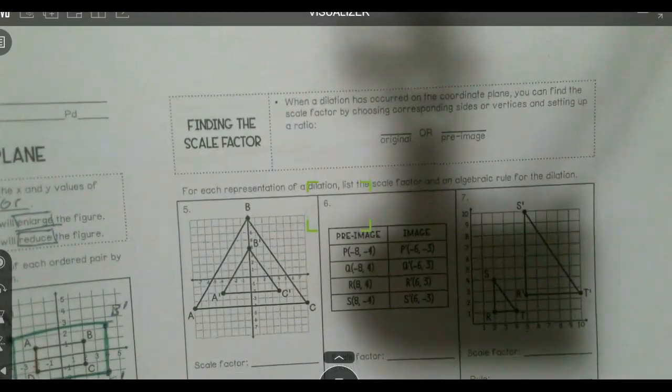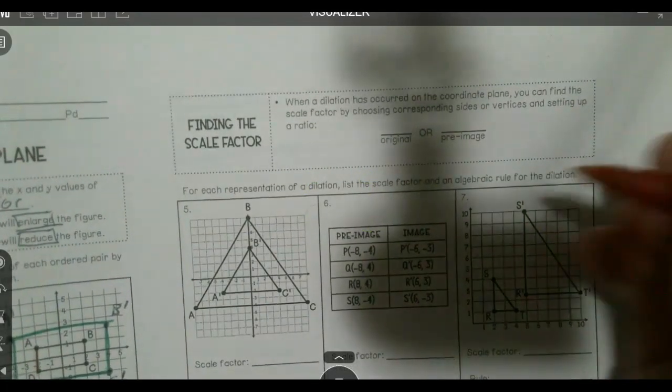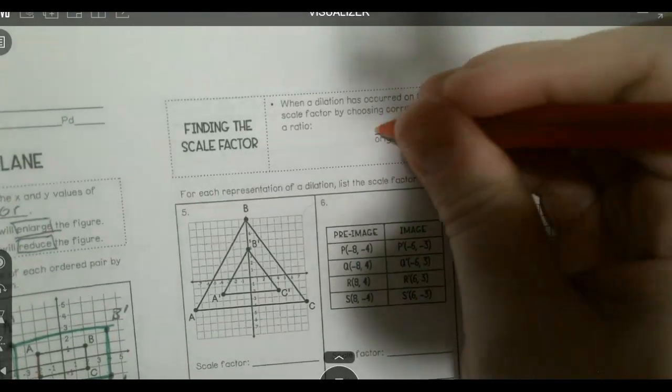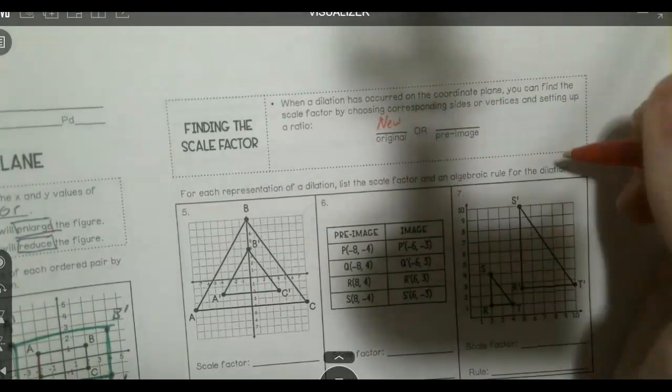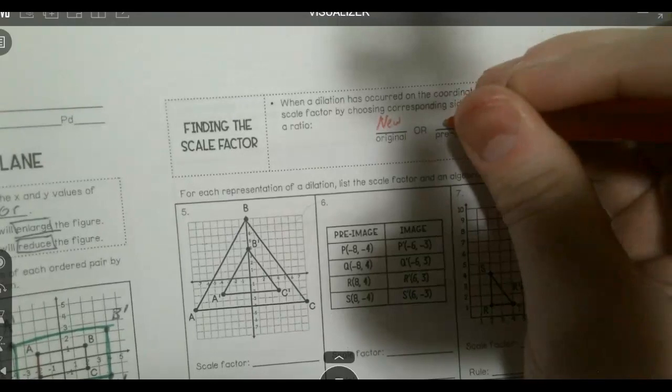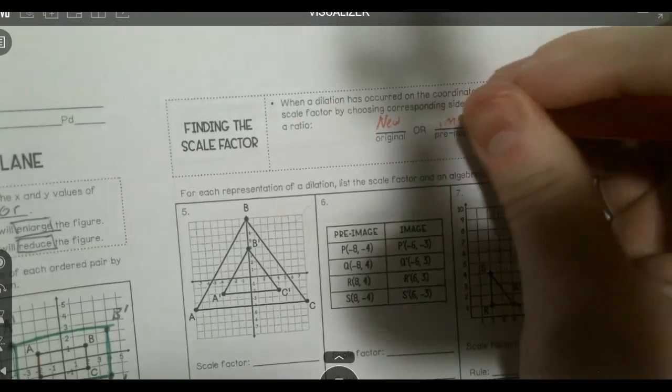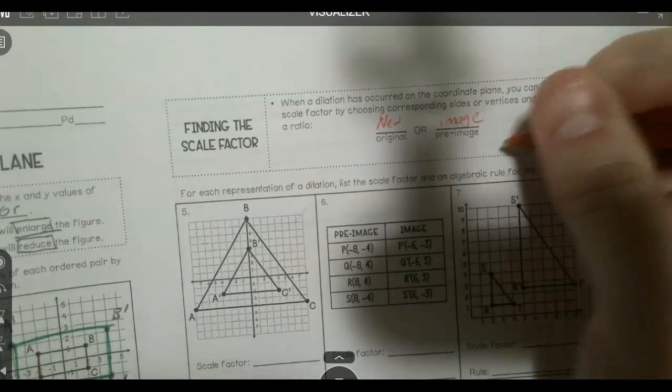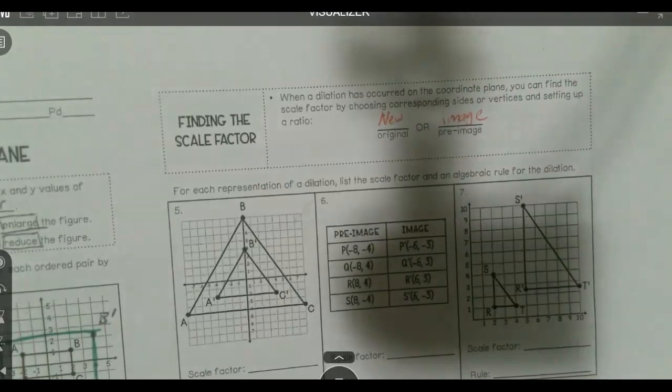So, just like before, when finding a dilation, all you have to do is find the ratio. Okay, so the ratio is the new over the original, or the image divided by the pre-image. It's the same formula, just using different vocabulary words.